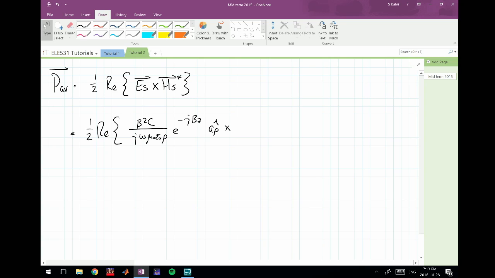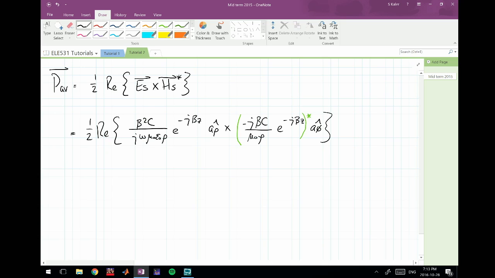So the magnetic field is minus J beta C over mu naught rho e to the minus J beta Z, and I'm just going to write conjugate on the side, so I know it's conjugate, but I just want to have everything in front of me once. And so I want to keep in mind that this is this thing conjugate. Okay? And then we take the real part of the whole thing after.